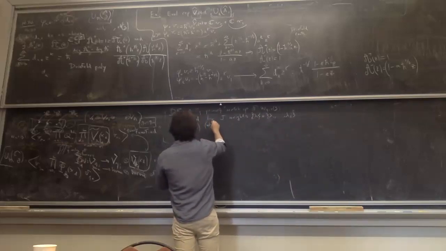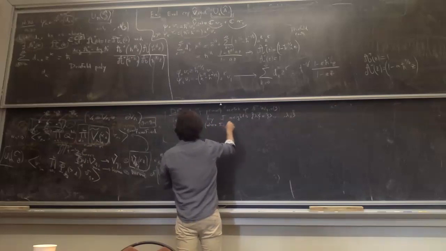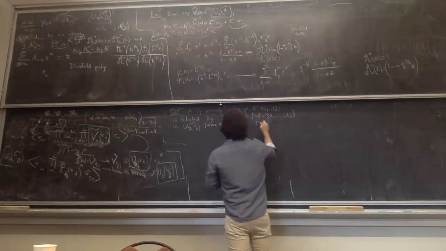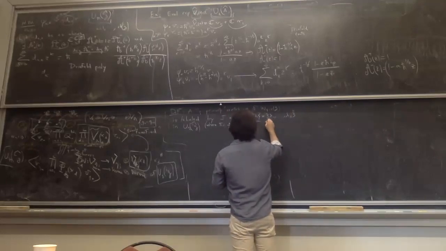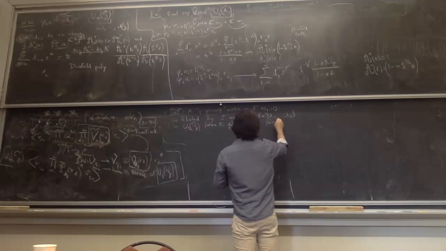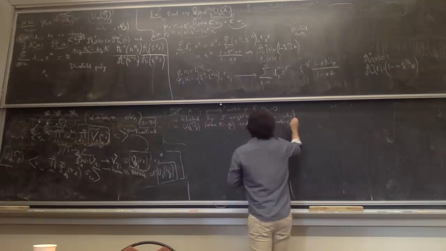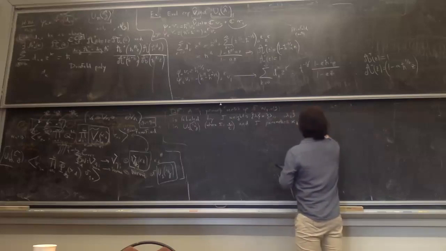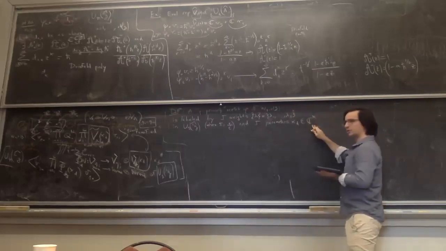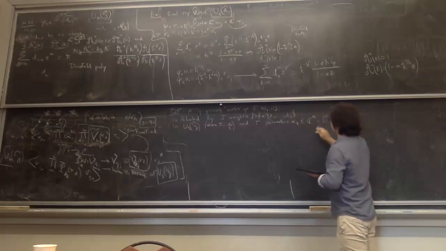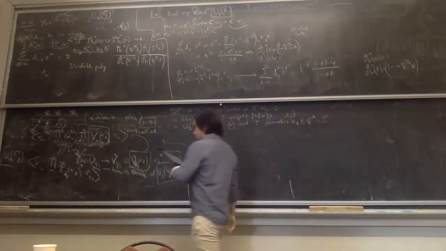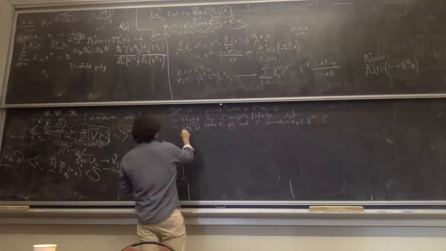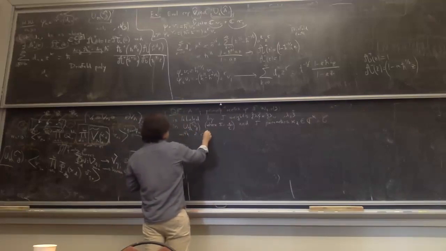Where h bar is q over t, and J parameters x_D, which are valued in C star, the Riemann surface. Subject to the following constraints, two constraints.